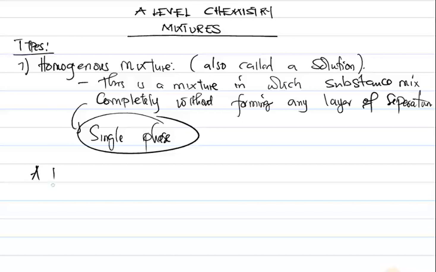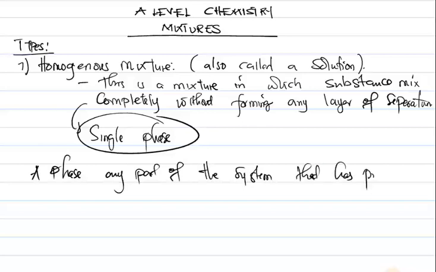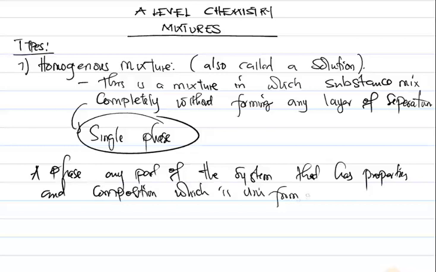And that takes us to a definition of a phase being any part of the system that has properties and composition which is uniform.